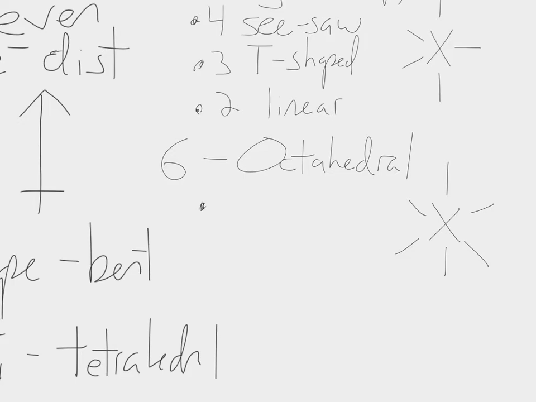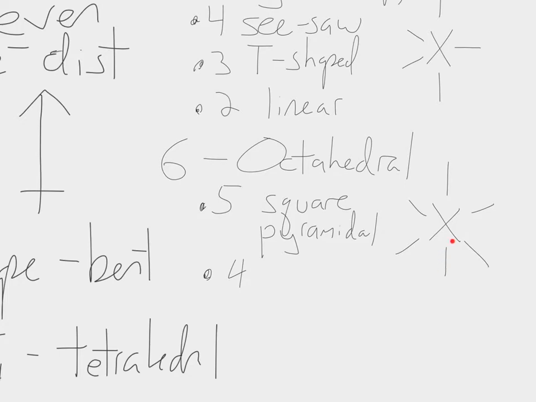If we only had 5 of those being bonds, we would get a square pyramid. And it doesn't matter which one you take off first, it's just twisting the molecule. Every angle in there is the same 90 degrees. Square pyramidal.